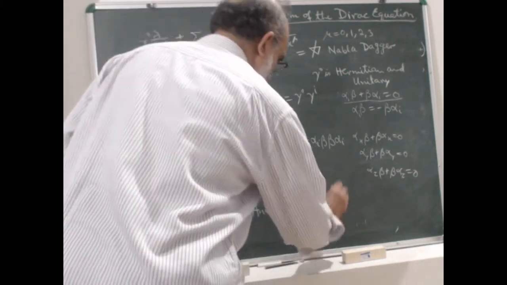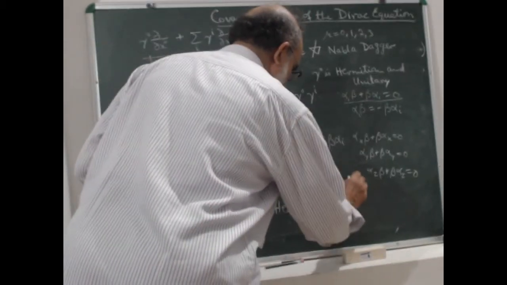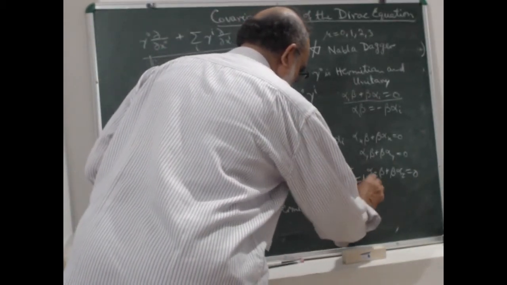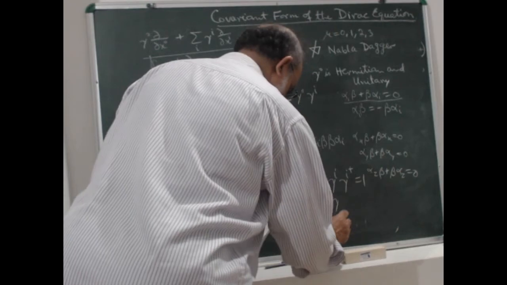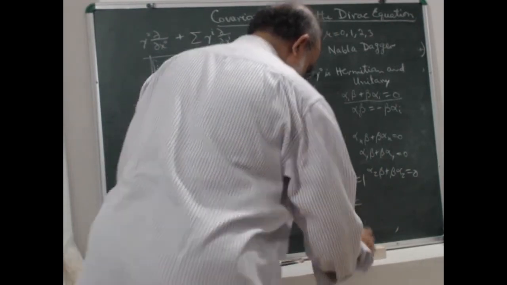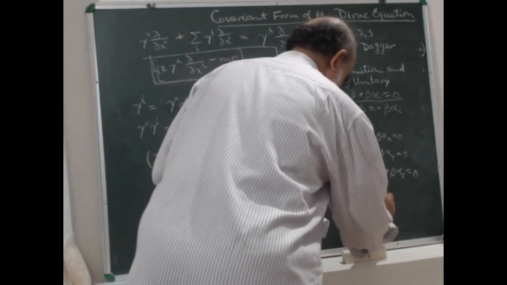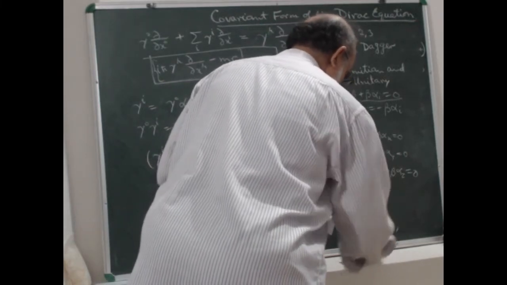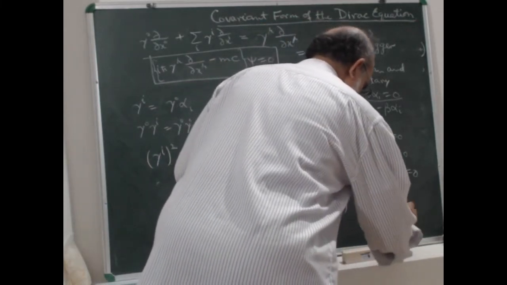Since gamma I dagger is 1, it means gamma I dagger is equal to, this means this is anti.